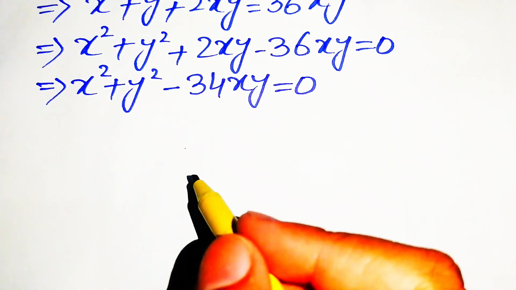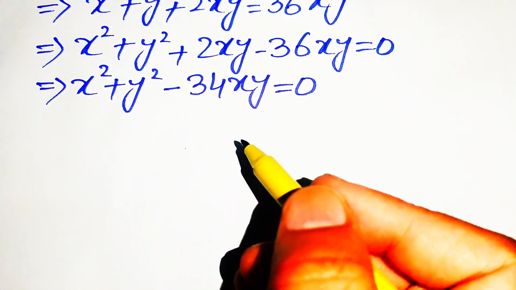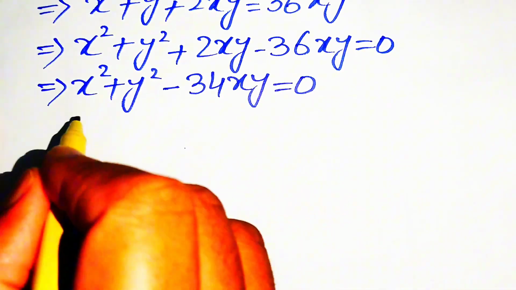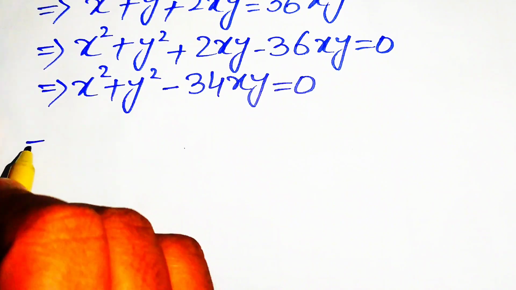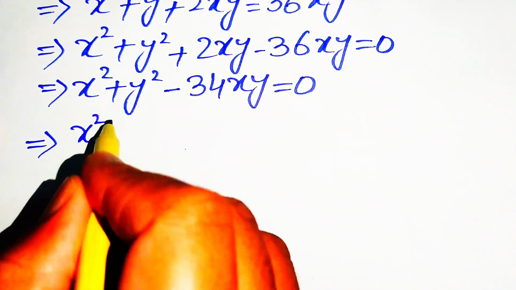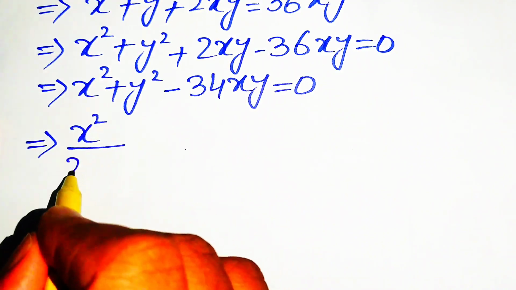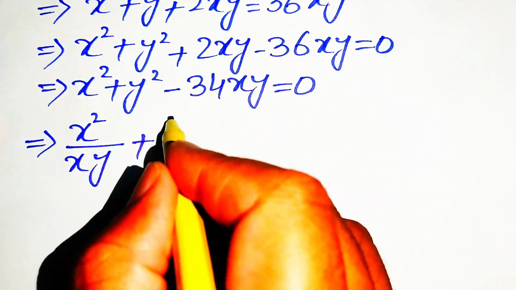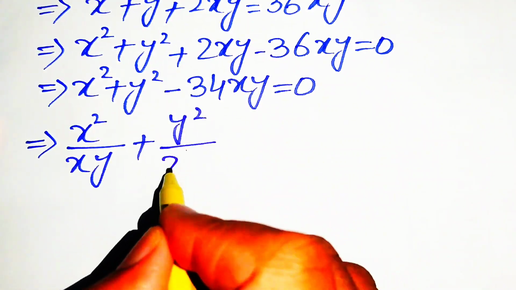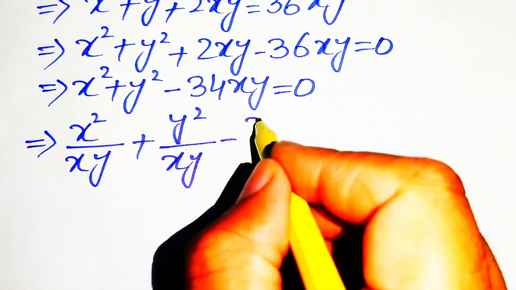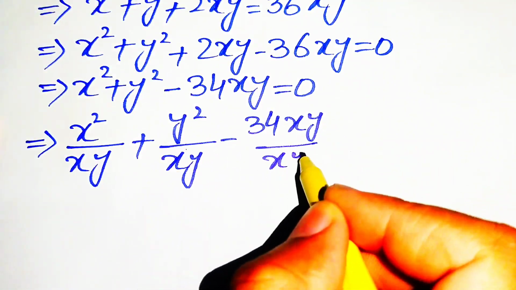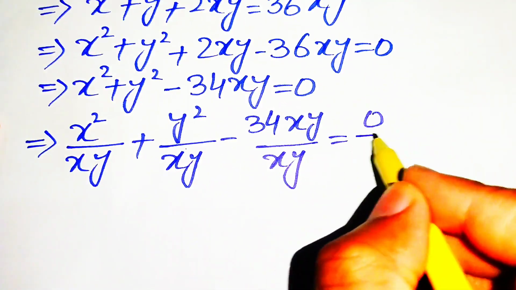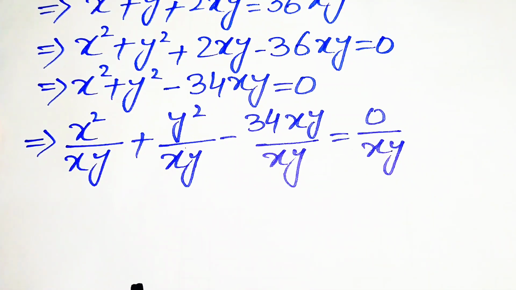Now we convert this equation into a single variable, so we divide each term on both sides by xy. When we divide each term by xy, it will be written as x square over xy plus y square over xy minus 34 times xy over xy equals 0 over xy.